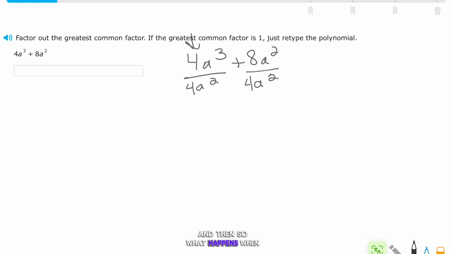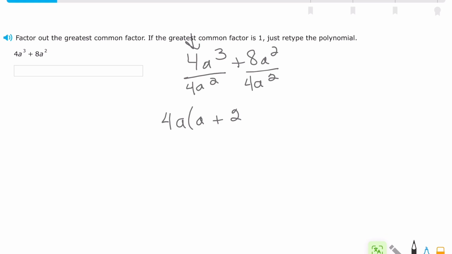And then so what happens when I divide a cubed by a squared? That means I have an a left. And then I'm going to factor out a 4, which leaves an a on the inside. We're undoing the multiplication, and a 2. Is it 2a?